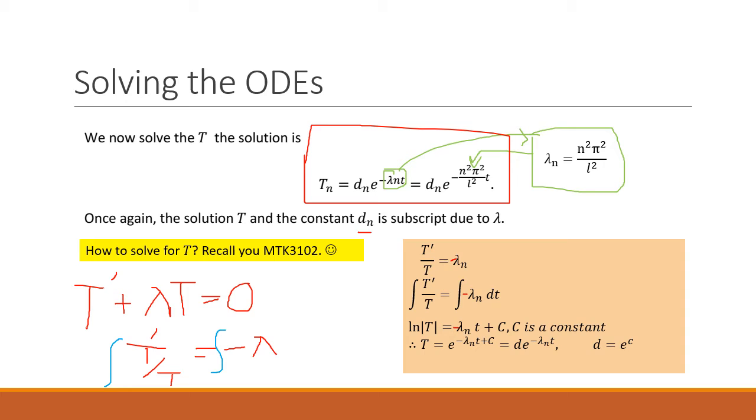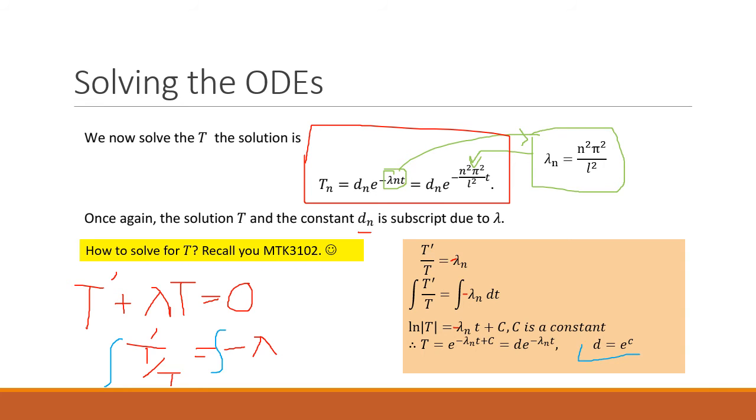Jadi recall balik DE awak, the first method dalam DE awak. Okay, so yang ni kita dah separate kan, so yang ni awak integrate kan je lah macam biasa untuk dapatkan nilai T. So awak akan dapat ln T equal to minus lambda T plus C, C is a constant.